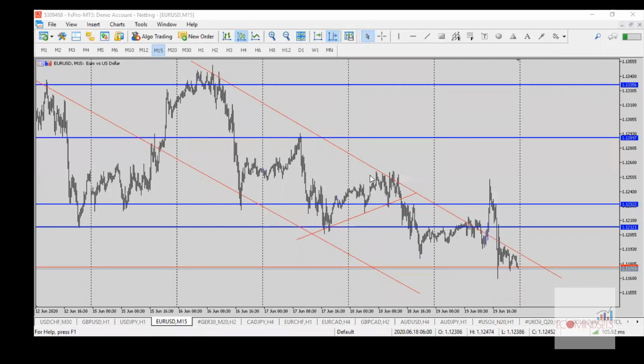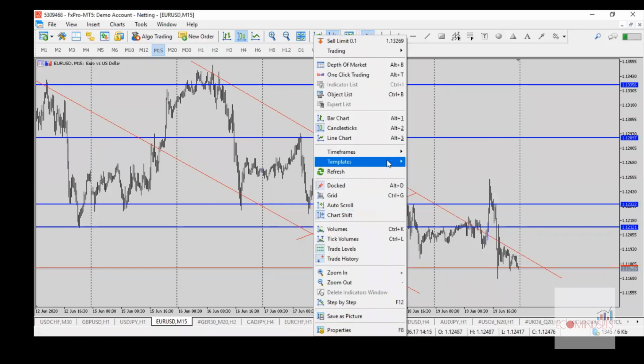All right, so this is one of my analyses I did during the week on EURUSD, but I'll be clearing my chart so that we can identify the downtrend, the uptrend, and then the range in this particular market. So let me quickly clear my chart.